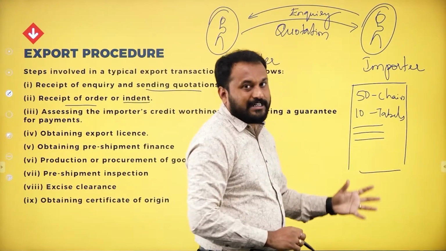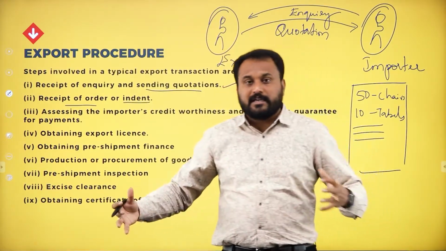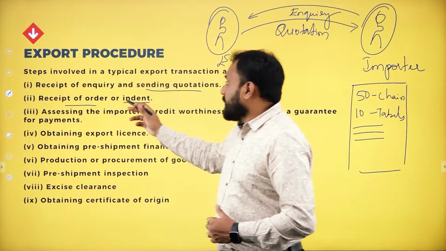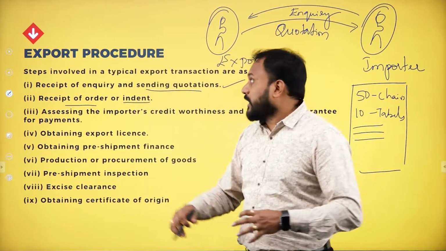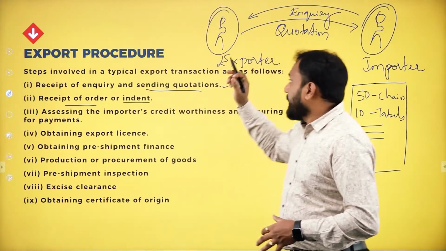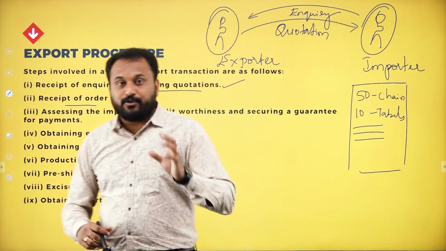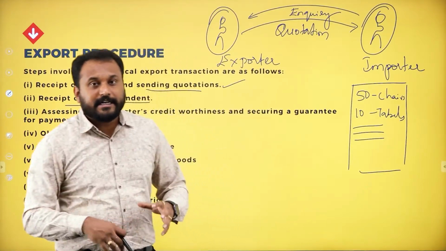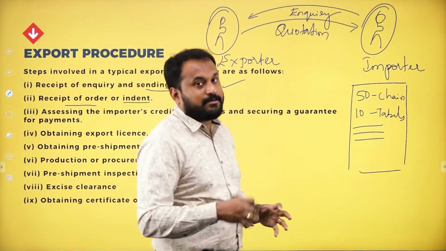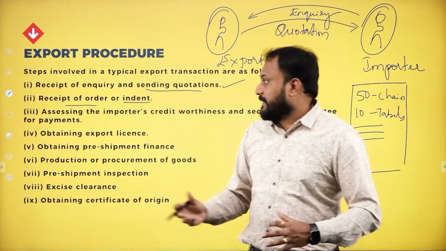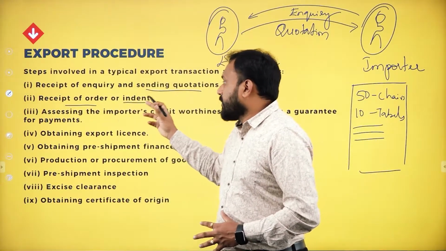He'll go with his own listing of orders, like in bulk. Indent means the exporter should give the quotation, that is, all the pricing, when he can deliver it, the time, and the place where exactly it should happen. Everything is listed in the receipt of order or indent.